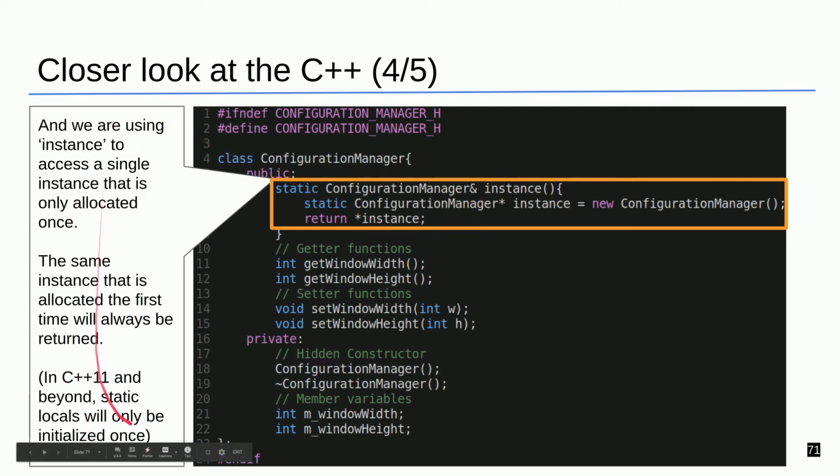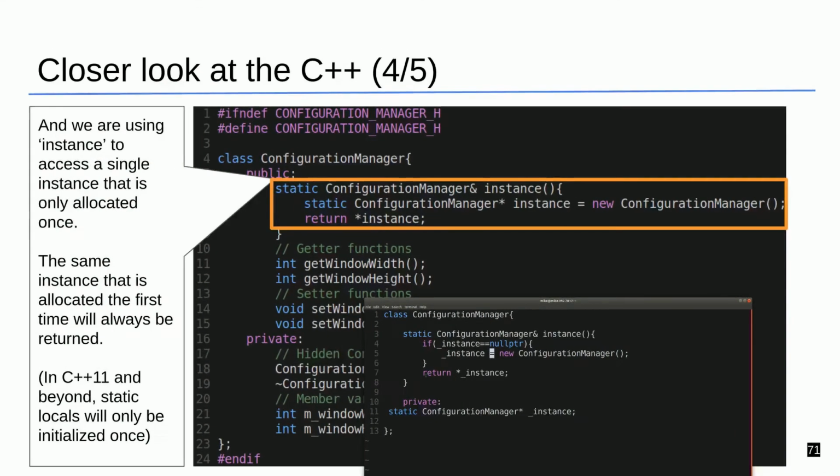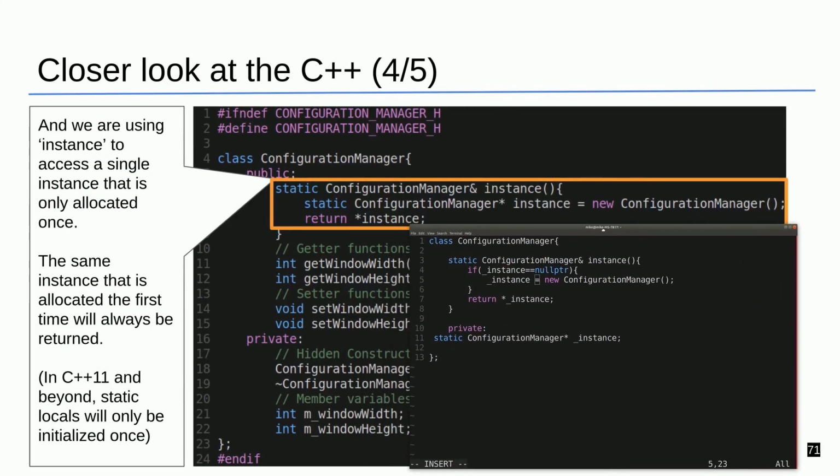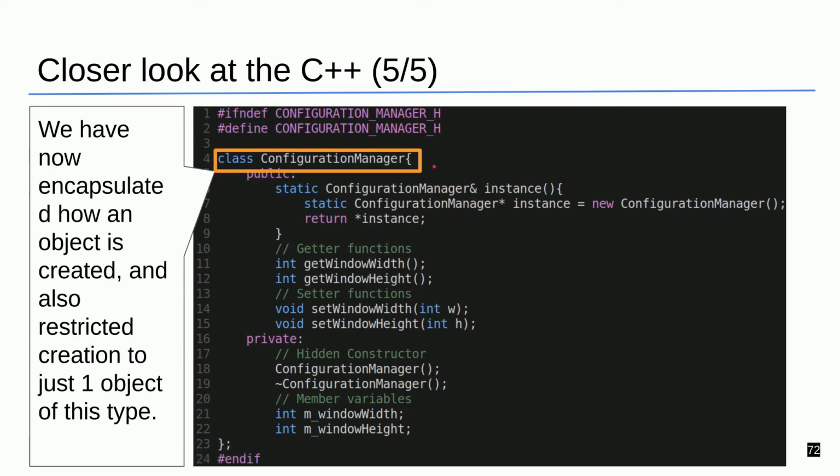This is just describing again what happens, and this idea is exactly the same as we have here. So now we have encapsulated how an object's created and restricted creation to just one object of this type. Because again, this static here, by C++11 and beyond, is guaranteed to only instantiate one ConfigurationManager. And since it's the same ConfigurationManager, the same instance of this object is returned every time.